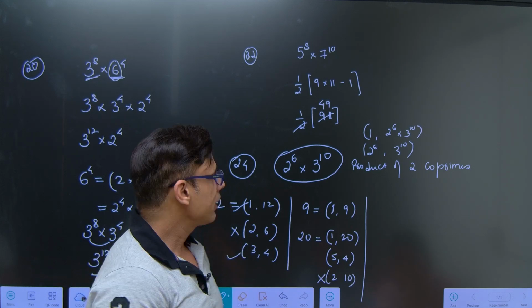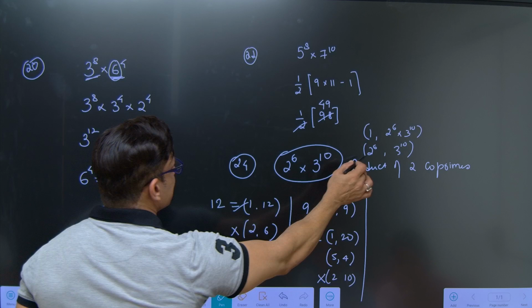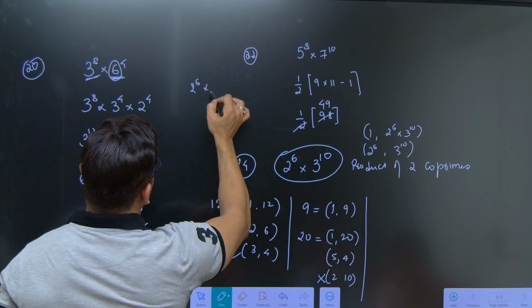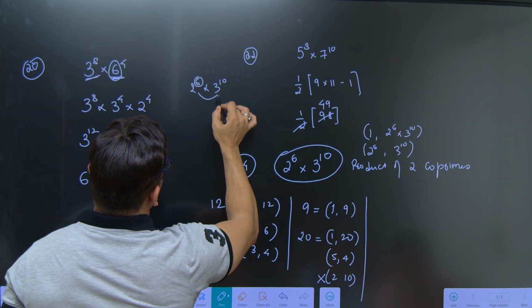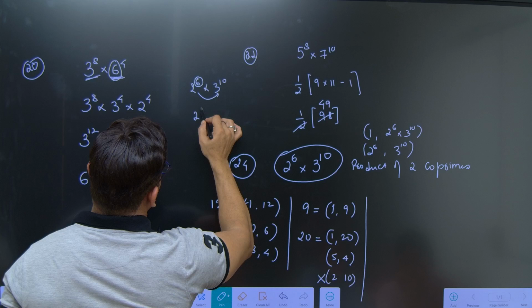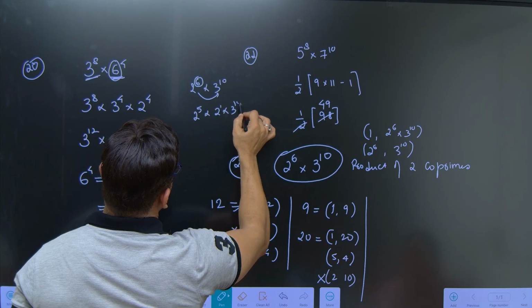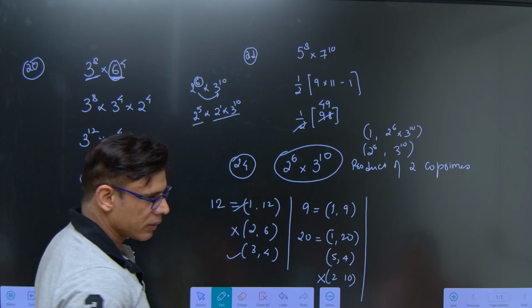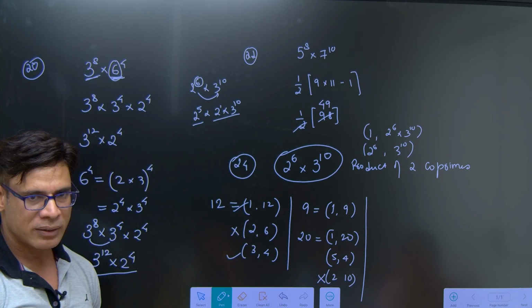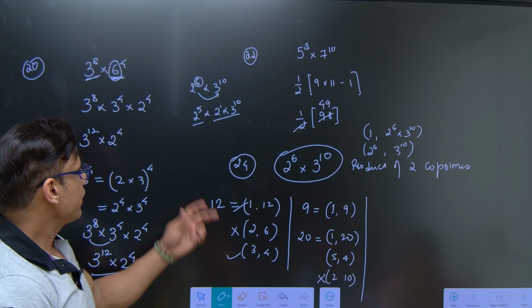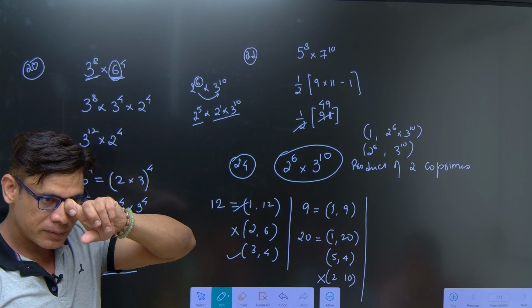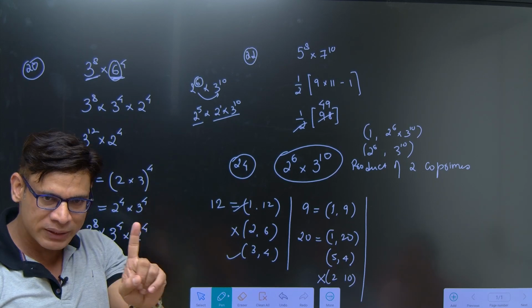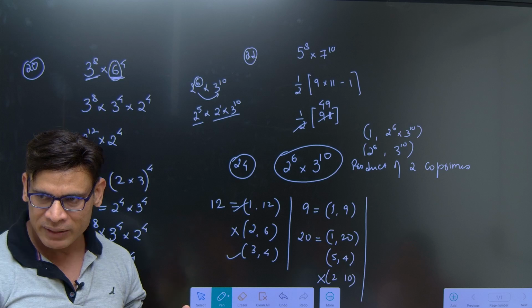See, because this number is what, this into this, right? So suppose you say 2 raised power 6 into 3 raised to the power 10, right? Suppose you take one power and put it here. So it is what, 2 raised power 5 into 2 raised power 1 into 3 raised power 10. Are these two coprime? Is 2 raised power 5 and 2 into 3 raised power 10 coprime? Because 2 is the number which will cancel both, right? So they are not coprime.